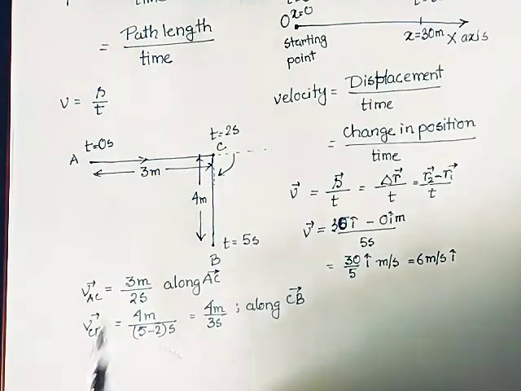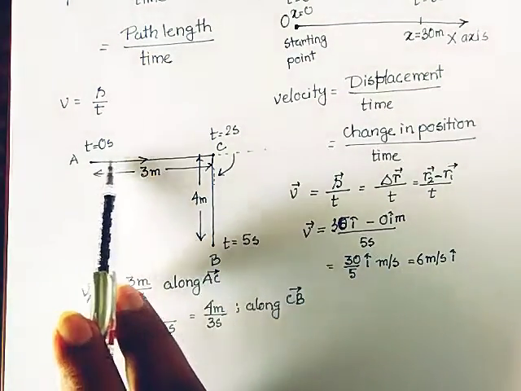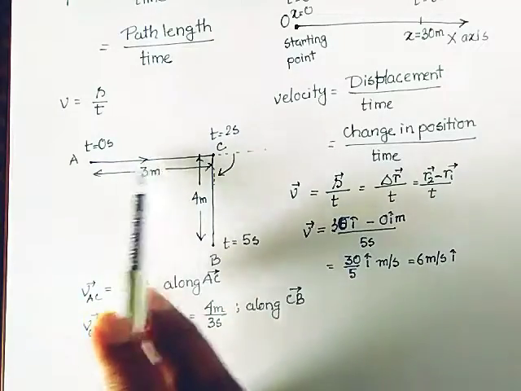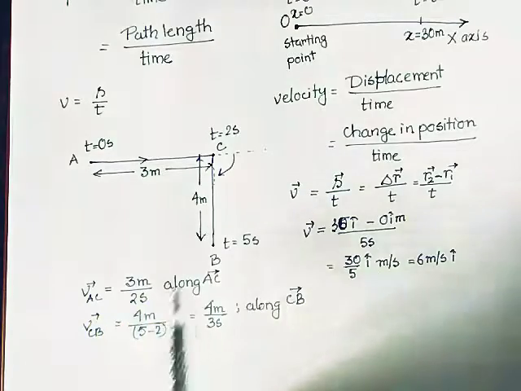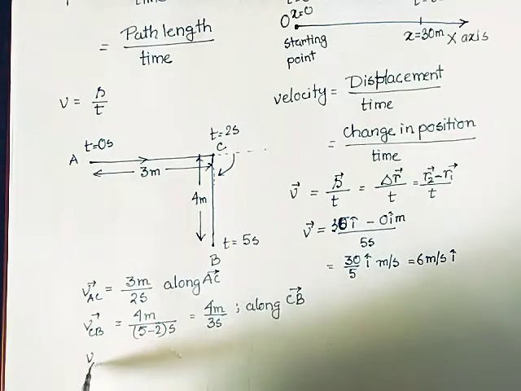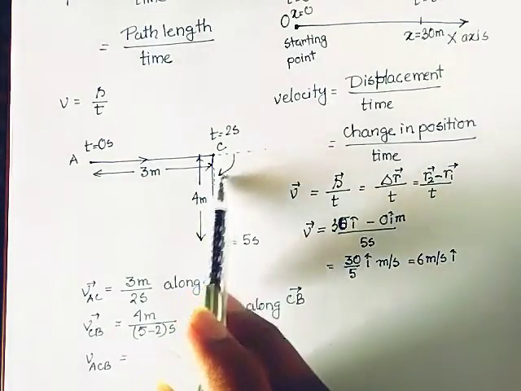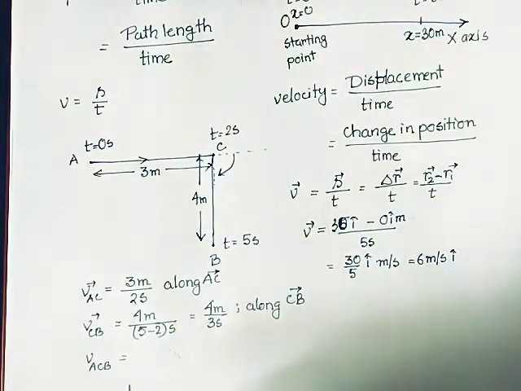But if I want to find the path from A to C to B, that is A to B via C, then it will not denote the velocity, because here the direction is changed at the point C. So it will denote V at ACB, it will denote the speed.